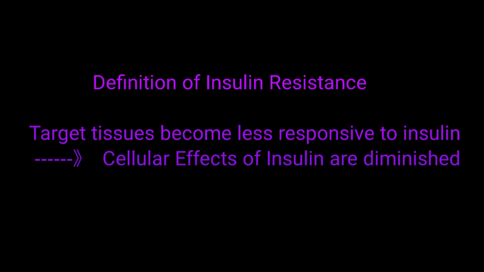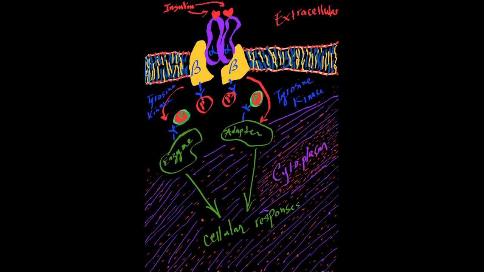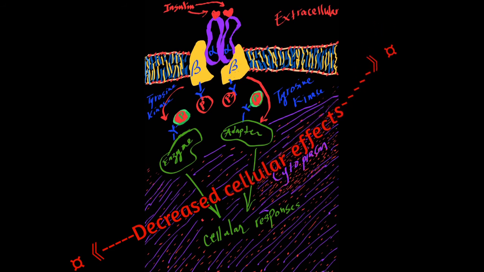Insulin resistance, therefore, is more likely to represent post-insulin receptor effects. Changes in these post-receptor effects are more likely to be responsible for the decreased cellular responses in the various tissues.